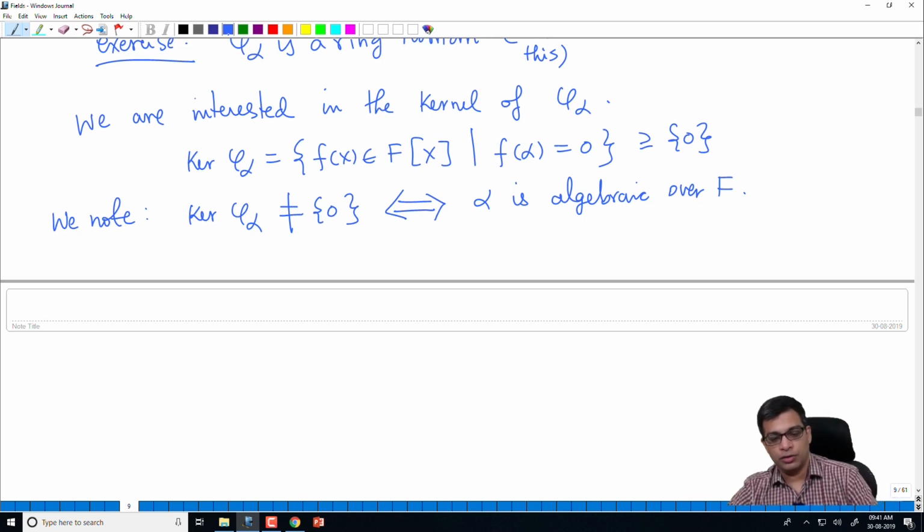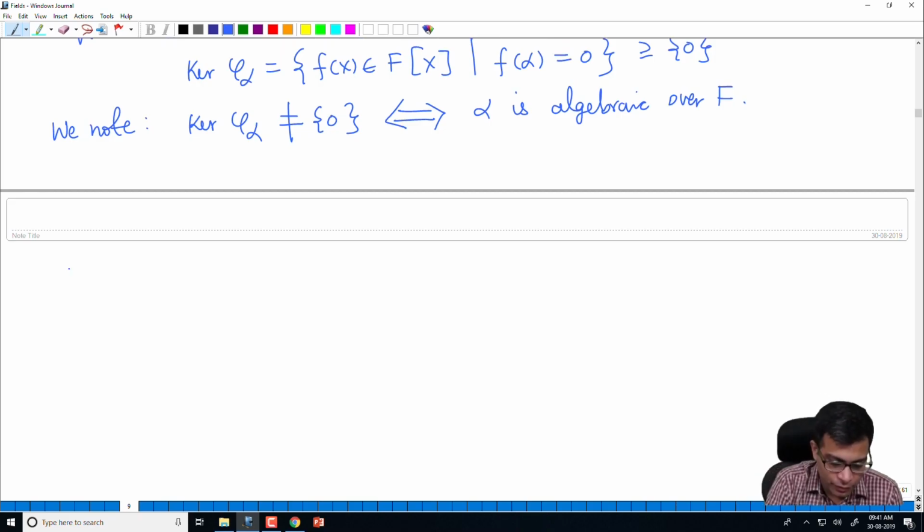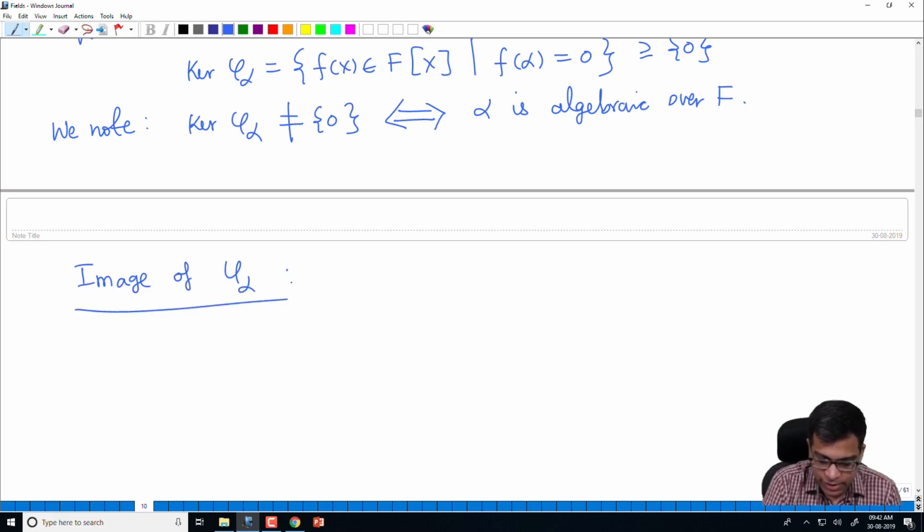So now this completely characterizes the two cases: whether alpha is algebraic or not is determined by the kernel of this map. So let's consider the two cases separately. Before that, the kernel is connected to the notion of algebraic or transcendental this way. What is the image of phi alpha? Let's explore this.